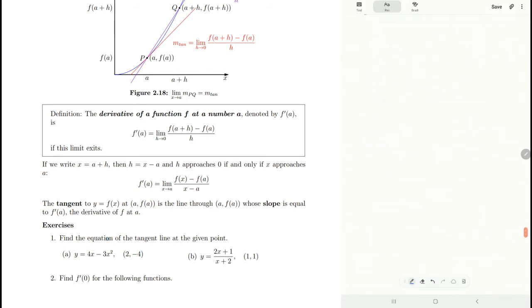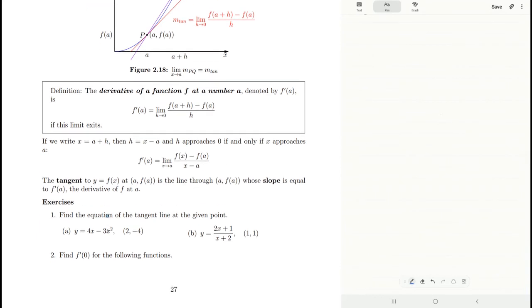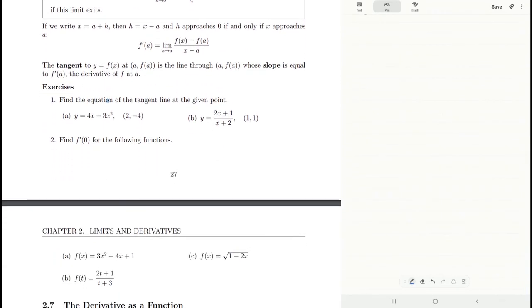So in the next exercise, let's find the derivative of f at 0 for the following functions. So here we're looking for the slope of the tangent lines where the x-coordinate is 0 on the curve. So we have f(x) is 3x squared minus 4x plus 1.